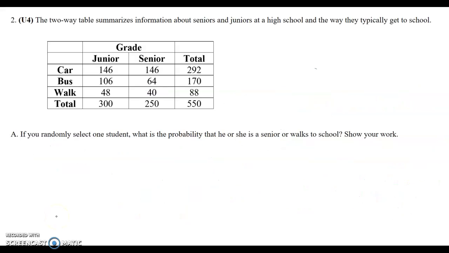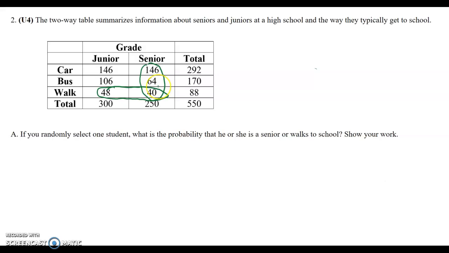I did say that I would show you another approach, so let's take a look at this table. Remember, we want the probability that a randomly selected student is a senior or walks. Here are the seniors. Here are the students that walk. It's easy enough to go to all these numbers and just add up the ones that we want.